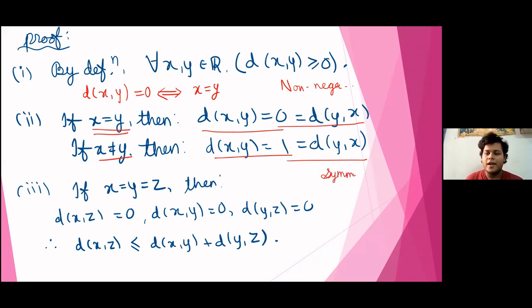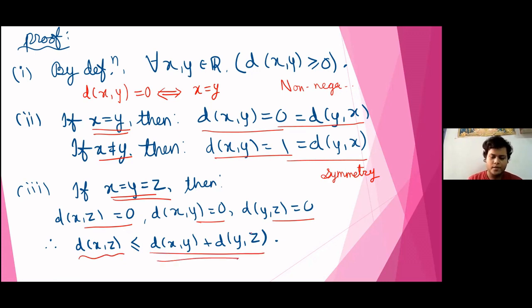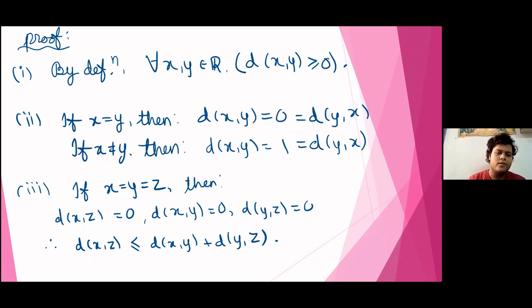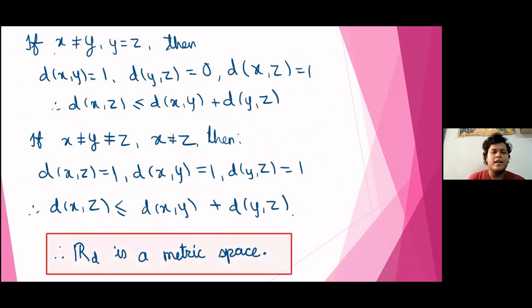For triangular inequality, we consider three cases. First, suppose x, y, z are all equal. Then all the distances will be 0, and 0 is less than or equal to 0. So distance between x and z is less than or equal to d(x,y) plus d(y,z). In the first case, we are done. Suppose one of these is different. Without loss of generality, we assume that x is different from y and y is equal to z.